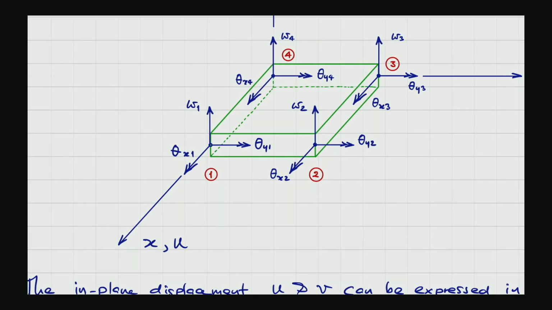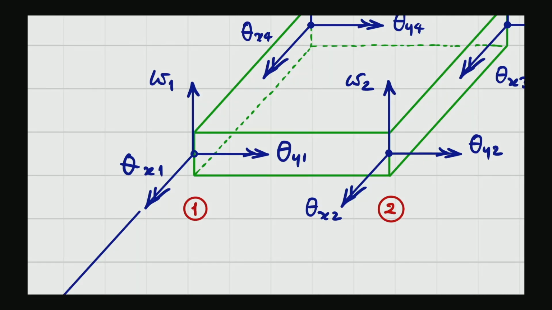If we want the displacement along U, we're going to need theta y, right? Theta y is producing the rotation like this. Think of your right hand and point your thumb in that direction. So this is the rotation.